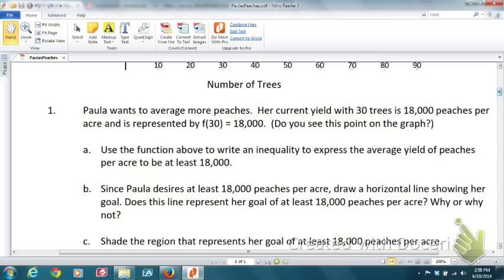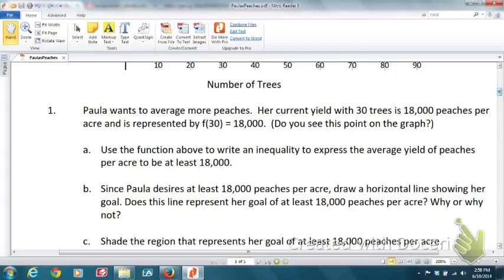This is telling you that when x is 30, y is 18,000. So you're looking for the point 30, 18,000 on the graph. That's why they're asking you, do you see this point? Because again, f at 30 equals 18,000 is a point on the graph.